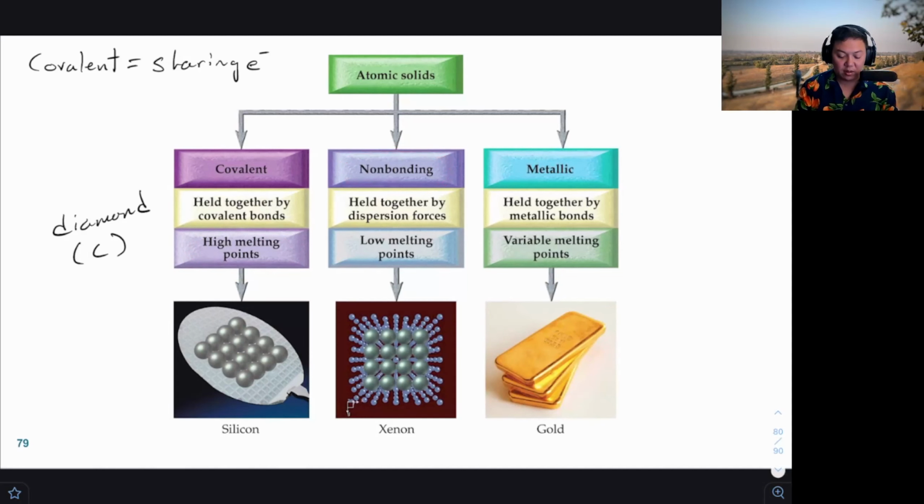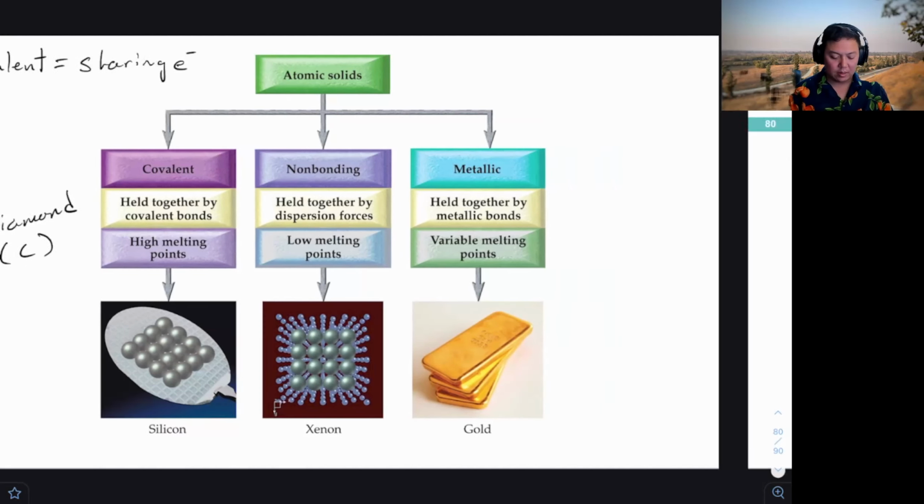Non-bonding atomic solids are held together just by dispersion forces, which are the weakest of the forces that we've talked about today. So they have low melting points. I mean, like really low melting points. So keep that in mind, that the strength of the different types of bonds explains all of these other things. It's kind of the difference between law and theory.